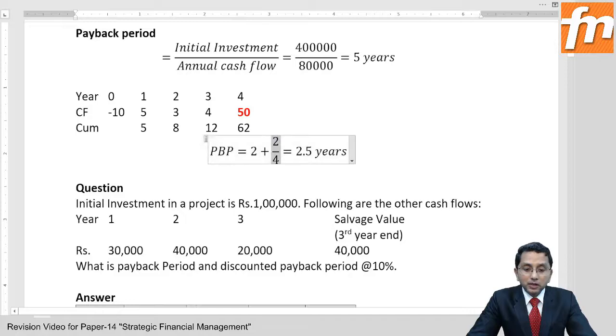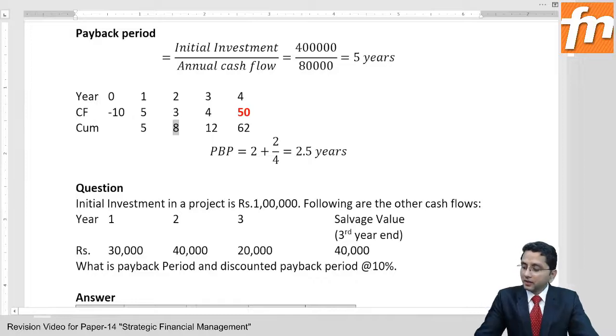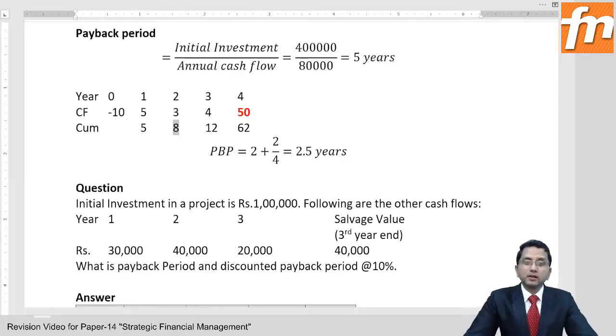Look at this form. What did you do here? You said up to the second year end, I recovered 8 lakh rupees, while I wanted to recover 10 lakh. So there is a shortfall of 2 lakh rupees. Now I look at my third year's earning.